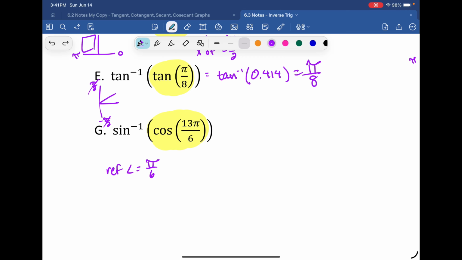It's more than double, because double 6 is 12, so that's one more. This is putting me in quadrant 1, where cosine is positive. So that gets me thinking about the cosine of positive pi over 6, which is root 3 over 2.